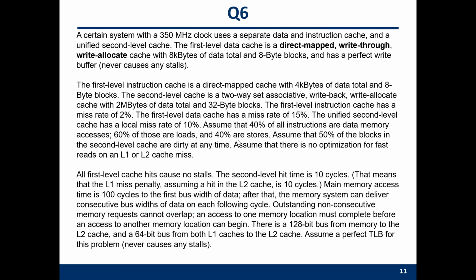As the third paragraph indicates, the first part will take 100. The access time for the first bus width of data takes 100 cycles, and then the next cycle will be the second part. Any question on this?